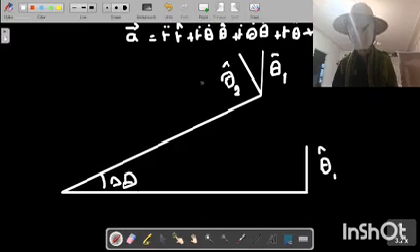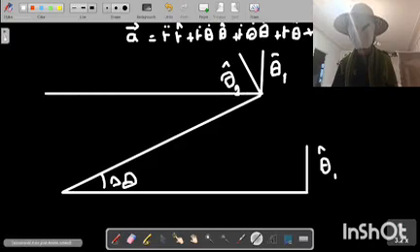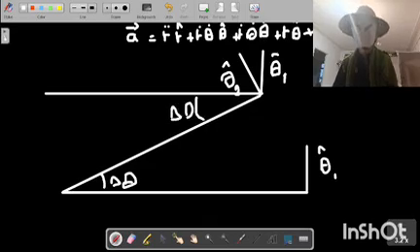With basic geometry, this is also delta theta. This is delta theta prime, which you sum with delta theta, it gives you a 90-degree angle. So this also, if you sum it with delta theta prime, is gonna give you a 90-degree angle. So this is delta theta. It's basic geometry. Don't worry if you don't know it, just know it's delta theta.